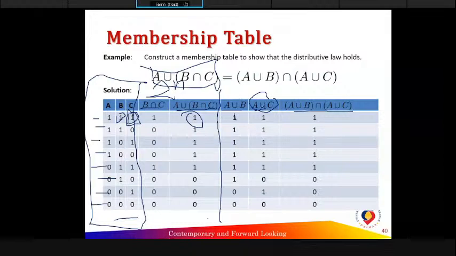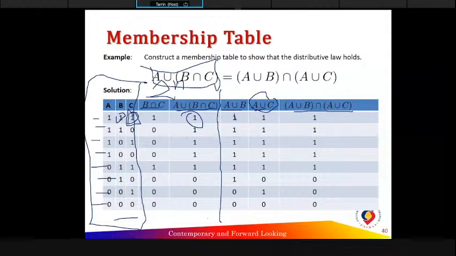First, we have to check on your left hand side here. Here it represents that the element X is present in A, in B, and in C. So A union C therefore is 1 because the element is present in both.